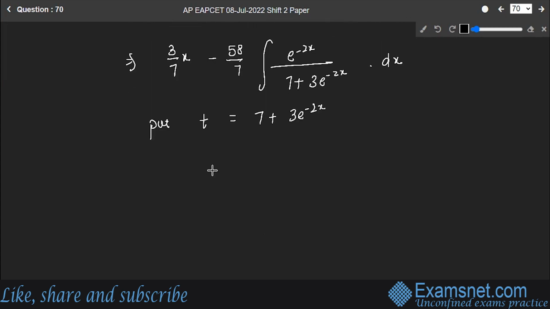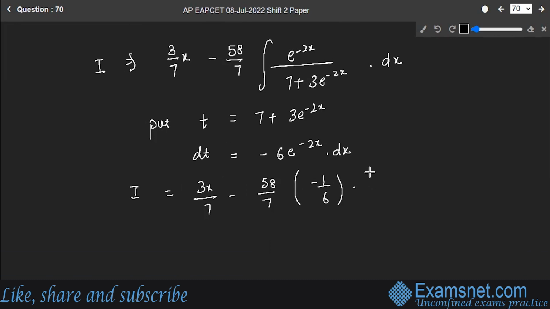Let's find the derivative. dt is equal to −6e^(−2x) dx. So I will pick up this one. This was equal to 3x/7 − 58/7 times (−1/6) into 1/t dt, right?